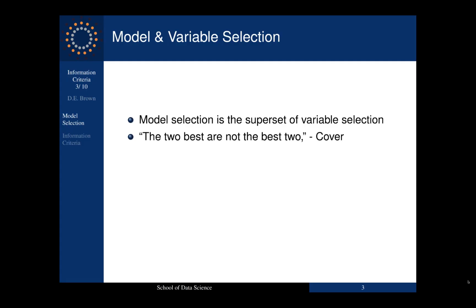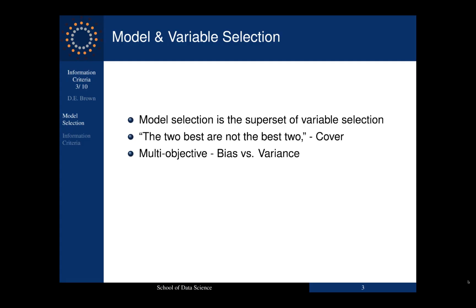What he meant by that is that if we select the two best, given that we're looking for one-at-a-time selection, they may not in fact be the two that work the best together. So this is what frustrates the whole problem: we can't just go piecewise through our variables or through our models. We need to consider their interactions, and that's what makes it very difficult to do model and variable selection.